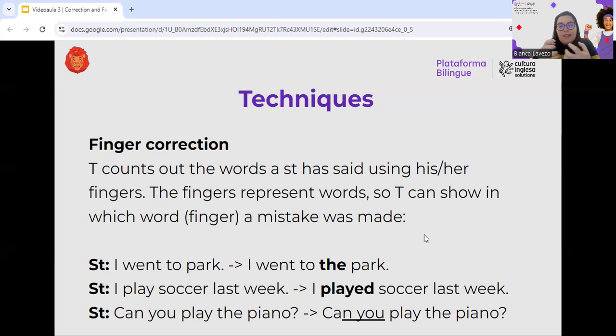So it shows that the sounds are linked. So can you play the piano, right? This can be done for a variety of things. It's a great technique but you have to show students how to use them, right? But if they understand the concept, it's great. They will love the idea, and you can use this for many different reasons.